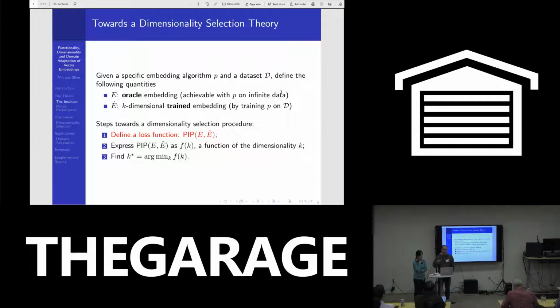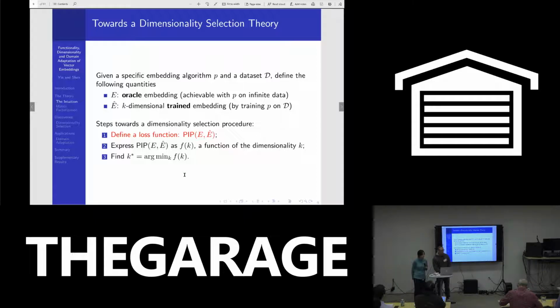We have an unknown parameter theta star, and we want to estimate theta star using an estimator called theta hat. The way people usually do this is to first come up with a loss function between theta star and theta hat, and we minimize this loss function in order to obtain an estimator. And we want to do the same for word embeddings here.